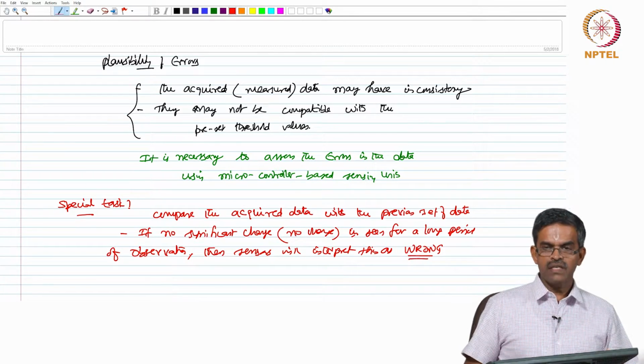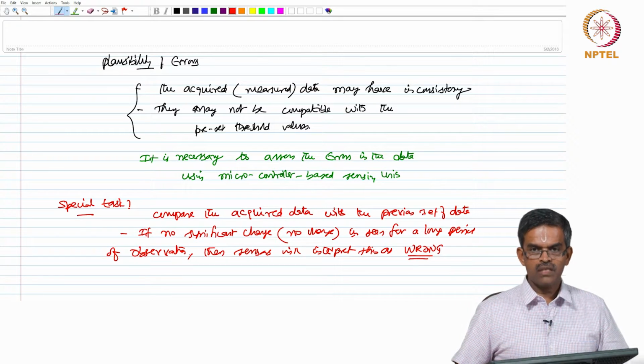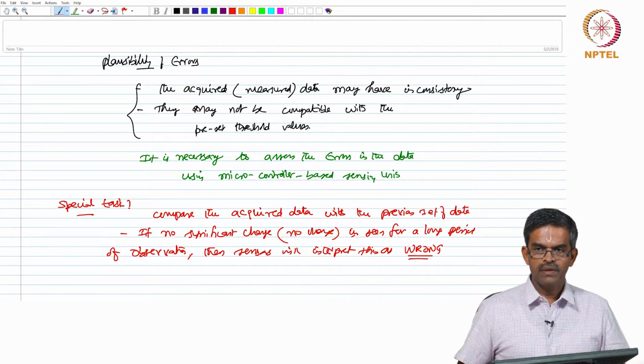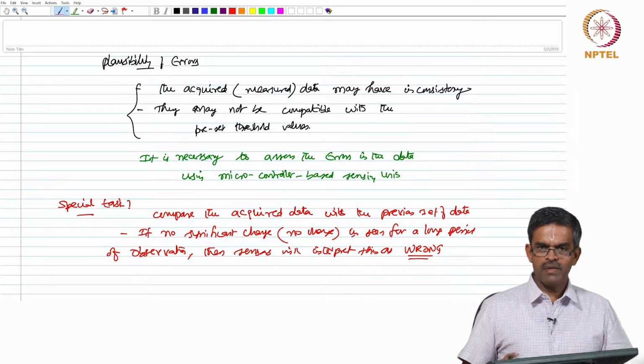So, it takes a decision that the corresponding feed unit is idle, maybe not working, maybe disconnected, maybe battery down, whatever may be the reason for the sensing unit not working, but somebody in the network or in the loop has to recognize this.